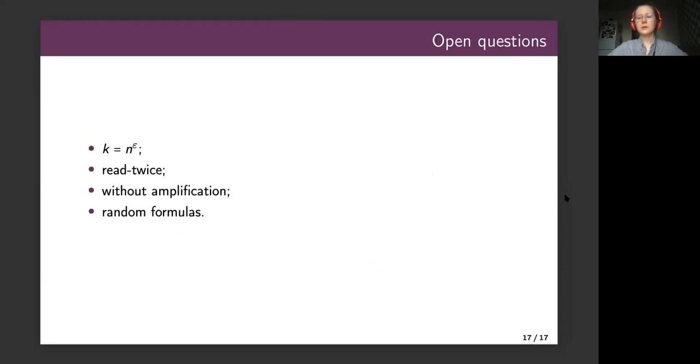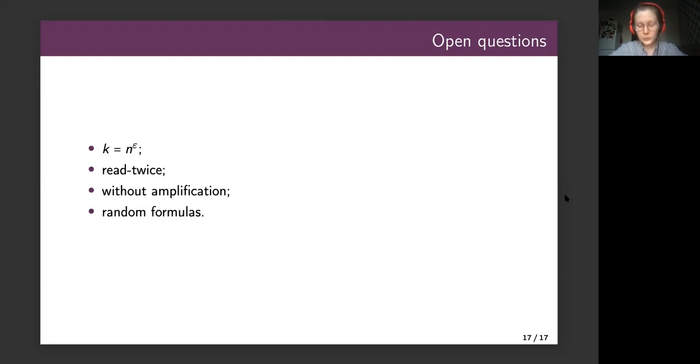In the end of my talk, I would like to suggest some open questions. For example, it would be interesting to know what happens when k in 1-plus-k BPs is like n to the epsilon. And it could also be interesting to consider read-twice branching programs, or to try and prove lower bounds for 1-plus-k BPs on some more natural examples.